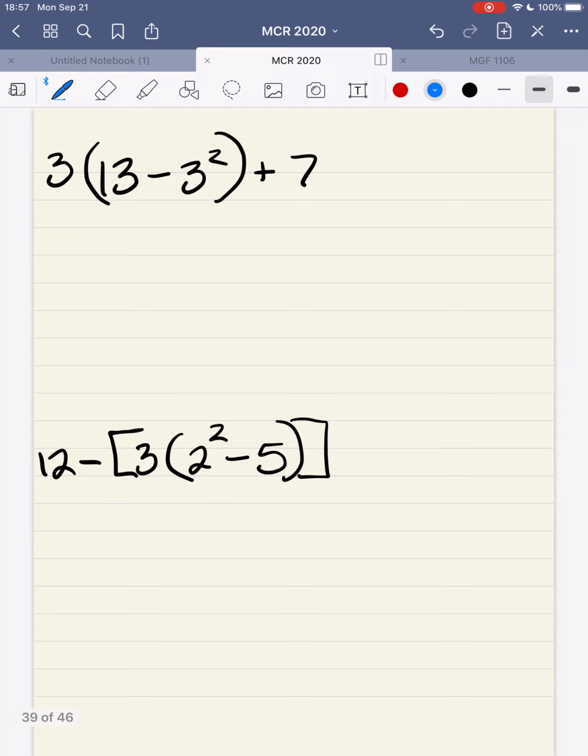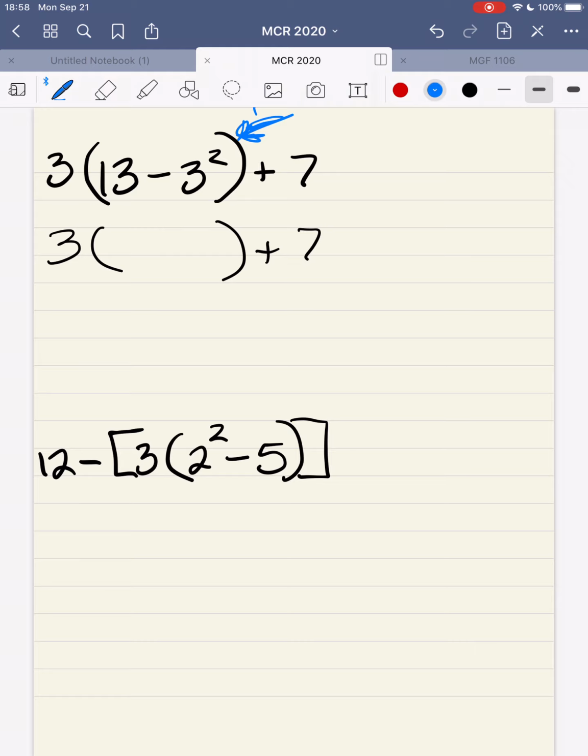Okay. So here we just have an order of operations problem where we just have a parenthesis, and that's okay, right? Remember, when doing order of operations, we want to do the parentheses separate from the rest of the problem. When we're doing parentheses, we also need to look at order of operations from the top to the bottom.